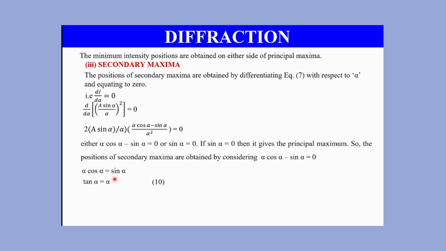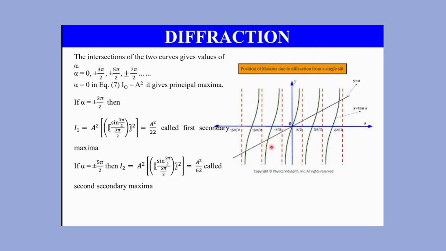These alpha values can be found by drawing a graph. Take alpha values on the x-axis and tan alpha on the y-axis. By drawing a graph between these two variables, we will get this type of curves. If we draw a straight line passing through the origin, the intersections of this straight line will give the values of alpha.